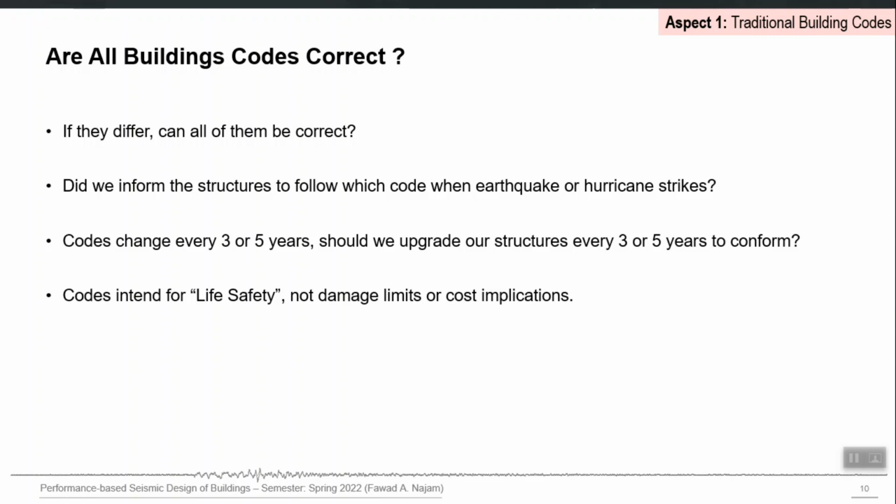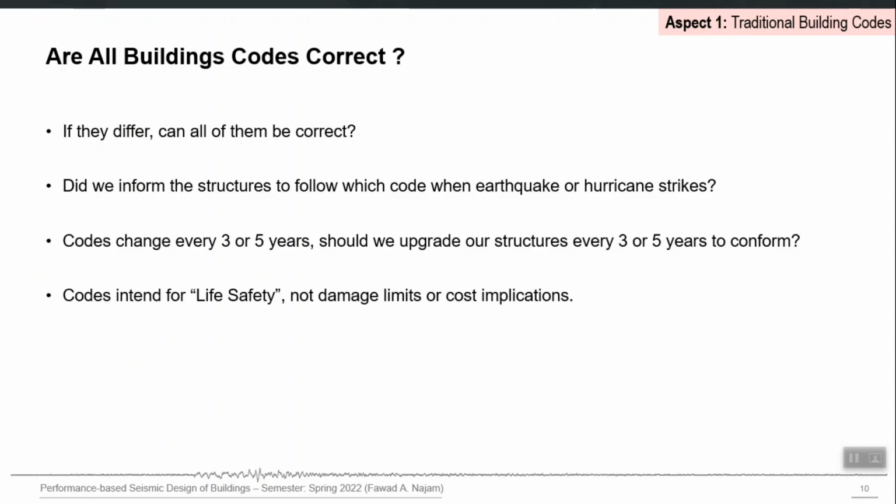But what should we do with those structures which are already designed according to the previous code, right? If we are improving our codes regularly, do we also need to improve our structures regularly? This is one question which naturally comes to mind when you think that code is what is ensuring performance, right?